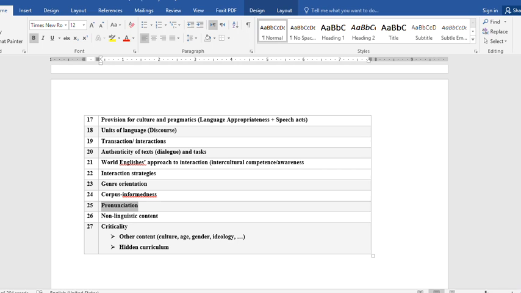Non-linguistic content, again, this one is important. Other content. You cannot say that the textbook is about language learning. It should include only language. But all textbooks include other content. All textbooks include assumptions. All textbooks include ideologies.